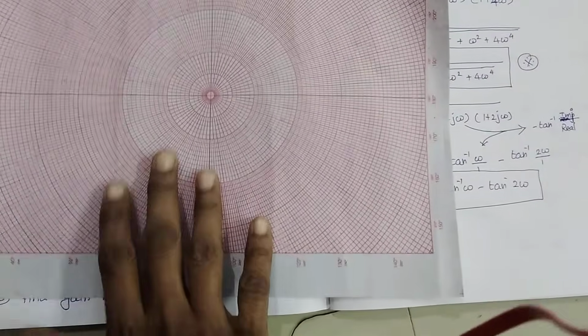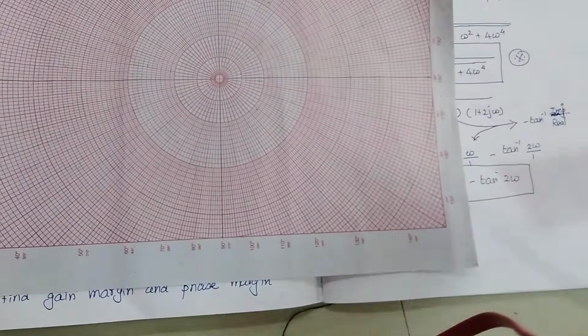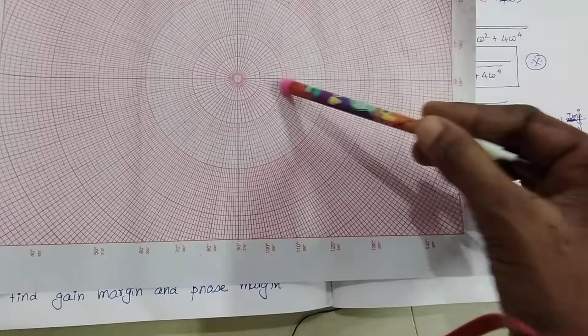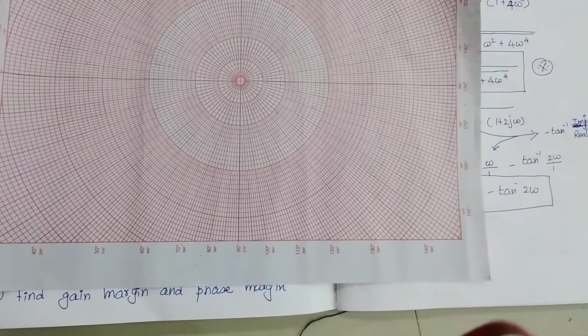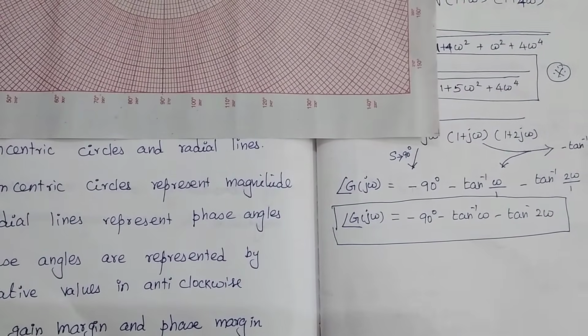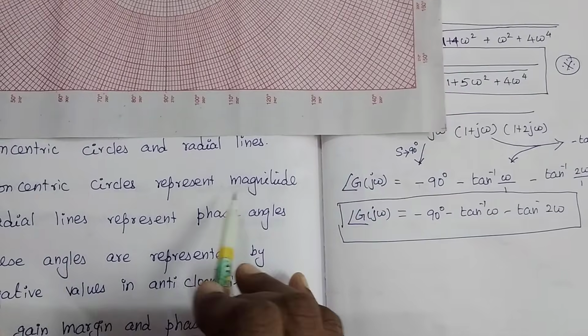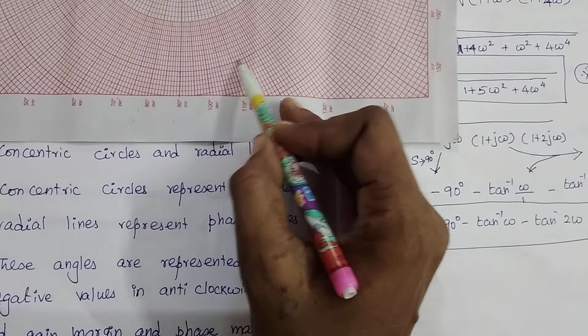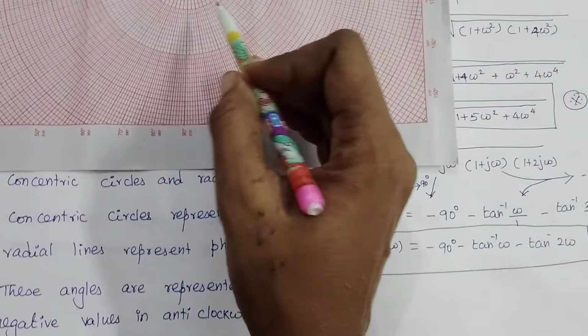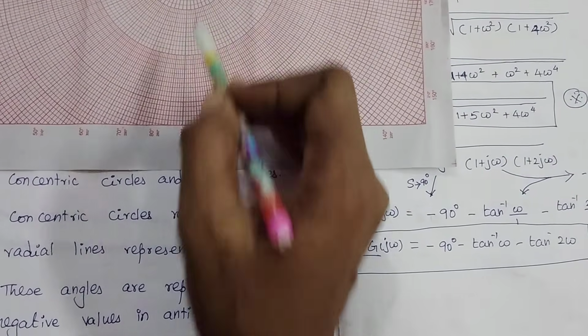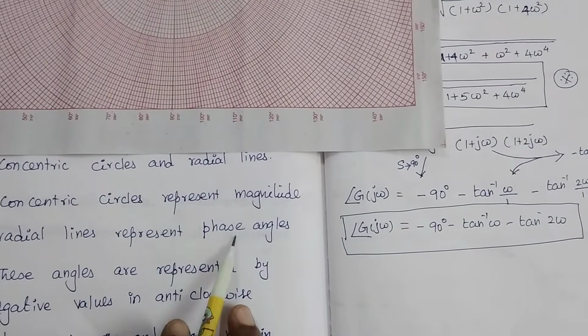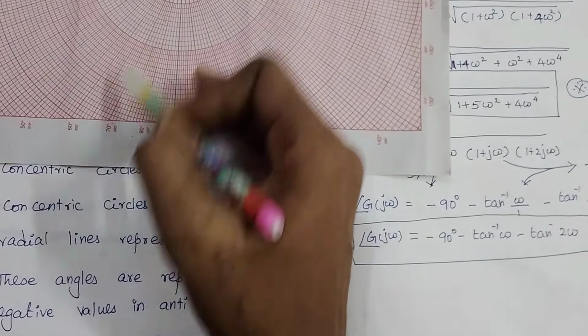These concentric circles represent magnitude, and the radial lines represent phase angle.